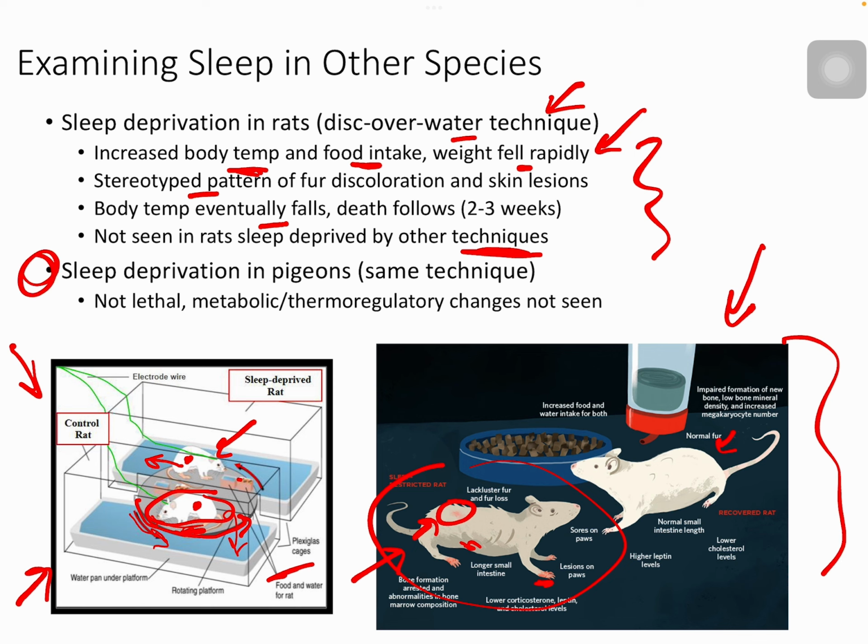If we use the same technique in pigeons, it's not lethal. We don't see the same effects. We don't see the same metabolic and thermoregulatory changes that we see with the body temperature falling and weight and all of that. So what is it about this technique in these animals that seems to give us these really interesting and very lethal results? And we still don't have a great answer as to why it is that this disc over water technique seems to have such a detrimental effect on sleep-deprived rats.